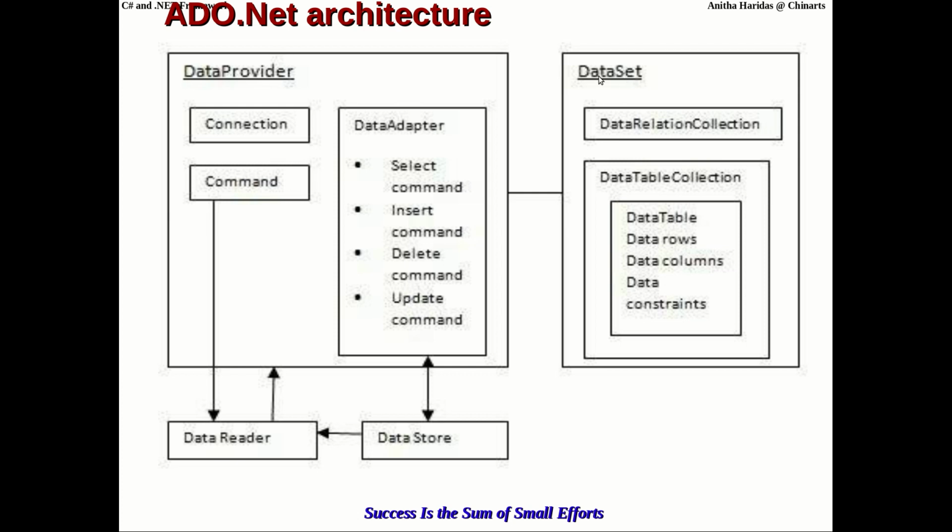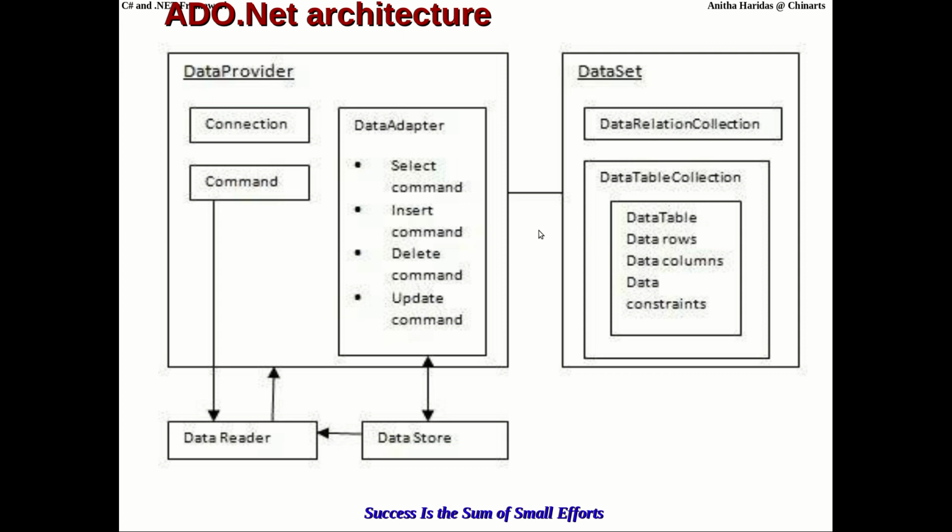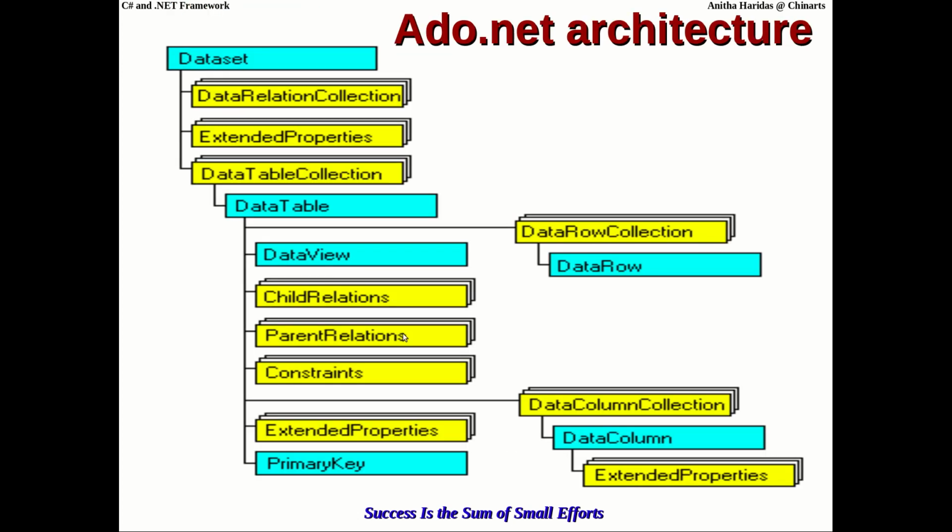Apart from that, it has another component called the data set. Inside the data set, you have the relation collection and the table collection. Just the data set component is given in detail in this particular diagram.